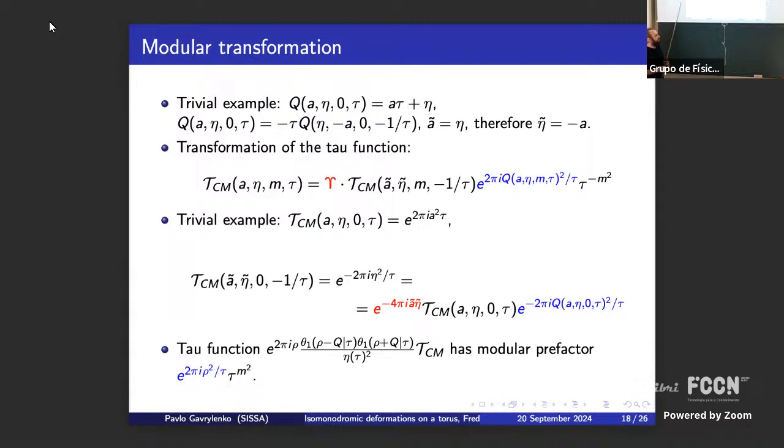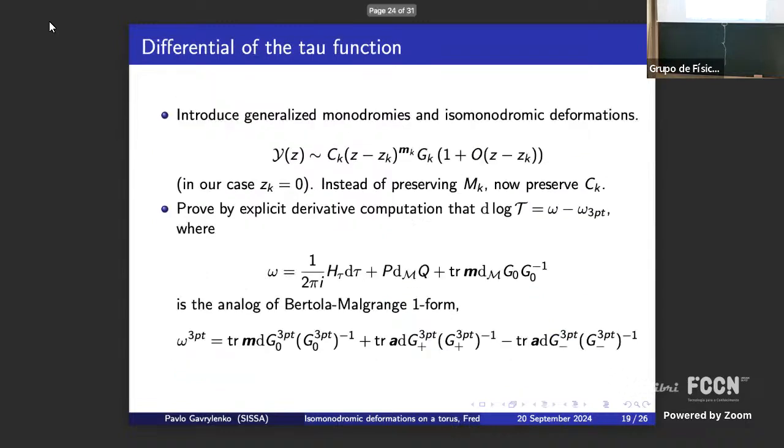Now, another question: how to compute this connection constant?